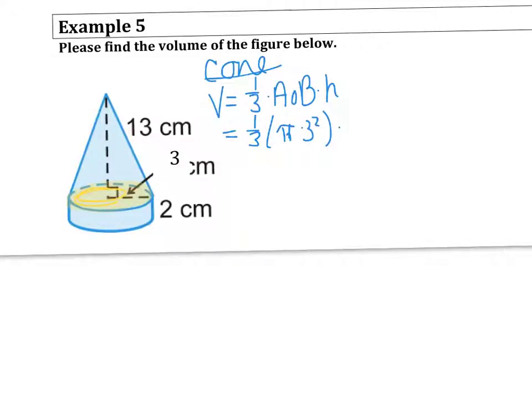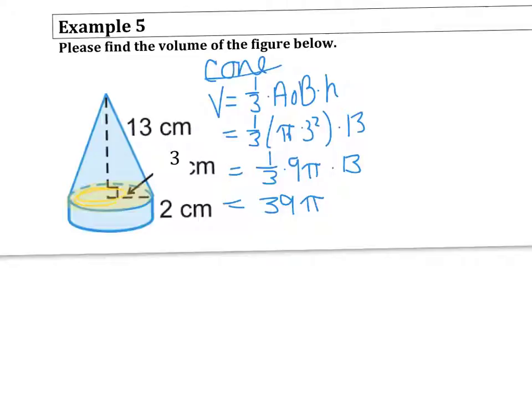Then the height of just my cone is 13. So then from there, I would say that 1/3 times 9 pi times 13 is going to be the volume of the cone. And 1/3 of 9 is easily just 3, and 3 times 13 is 39. So really this is 39 pi.